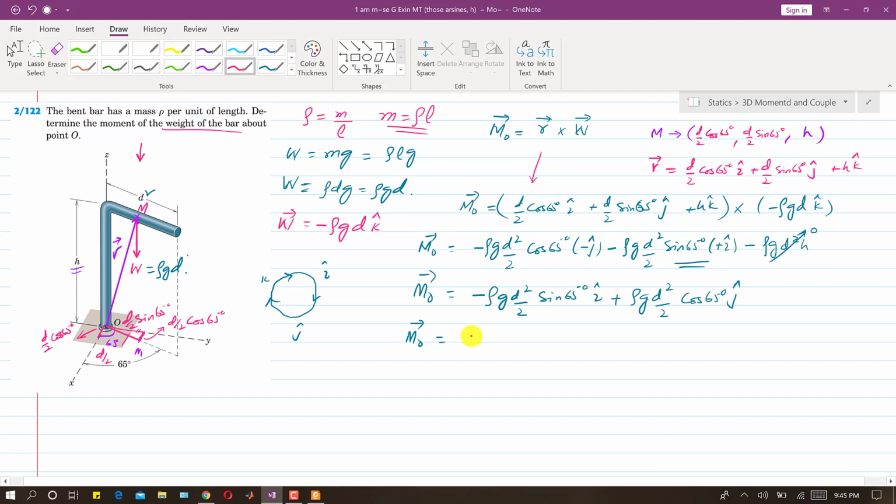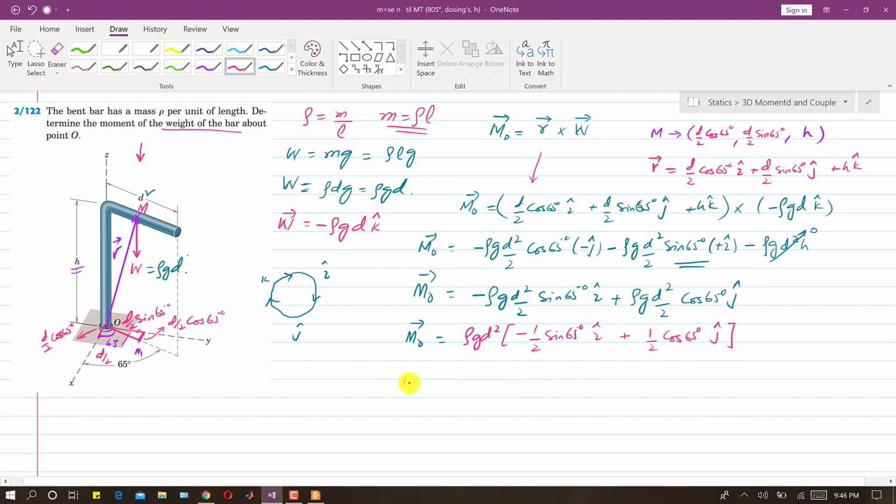If we take rho g d square common, we will be left with minus 1 by 2 sine of 65 degrees i plus 1 by 2 cos of 65 degrees j.